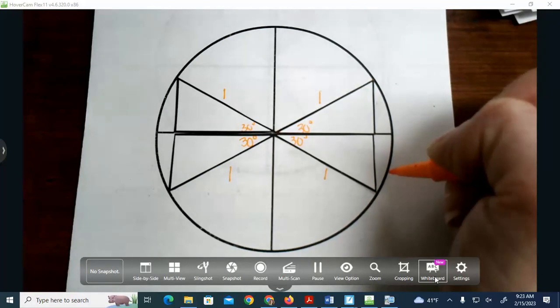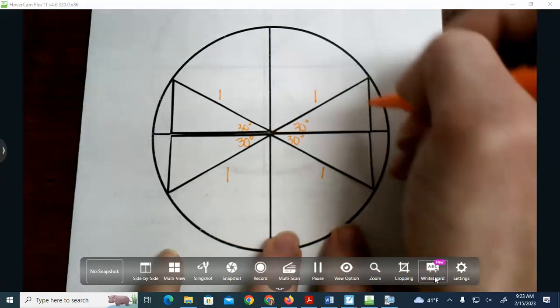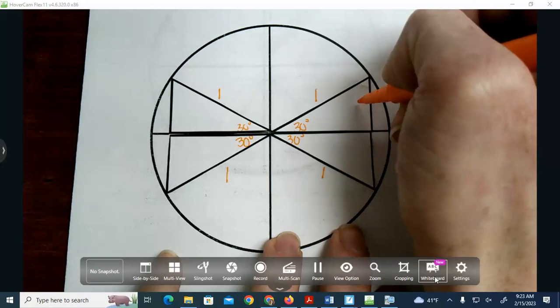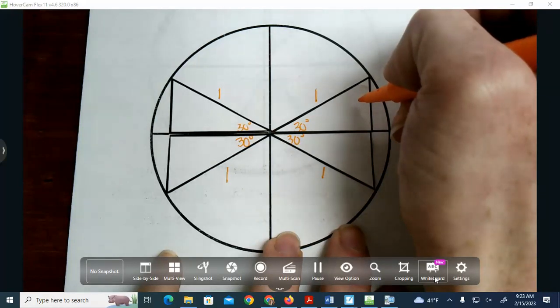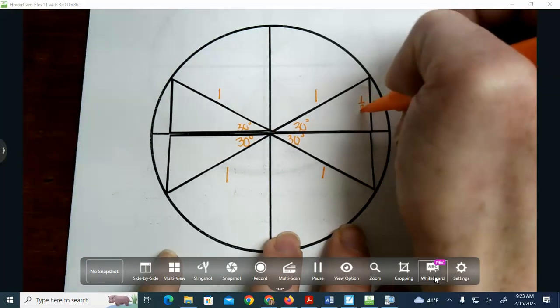And then if you look at your special right triangle, that radius was 1. What was the side opposite the 30-degree angle? Look at that little table we just filled out. When the hypotenuse is 1, the side opposite the 30 was 1/2.